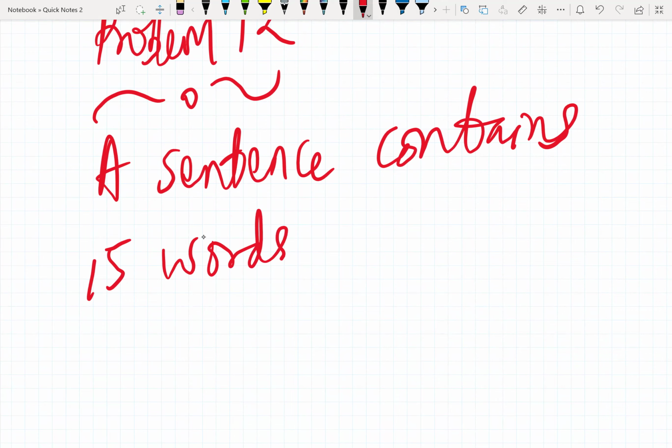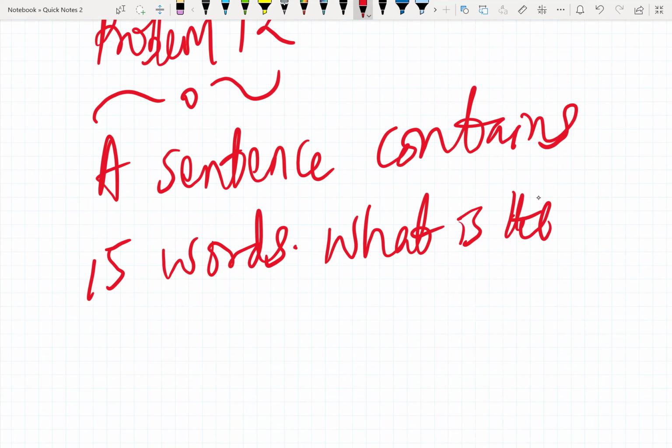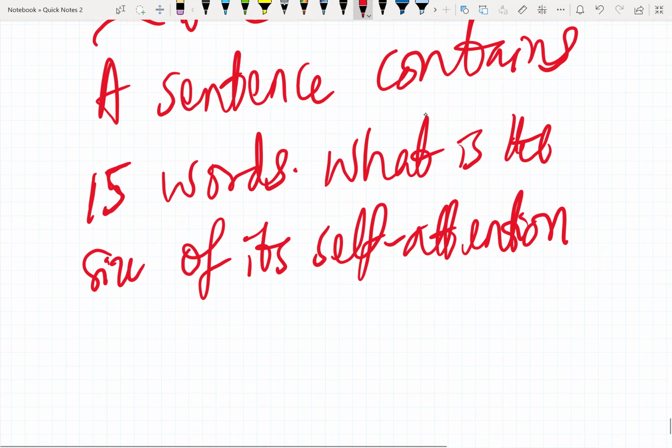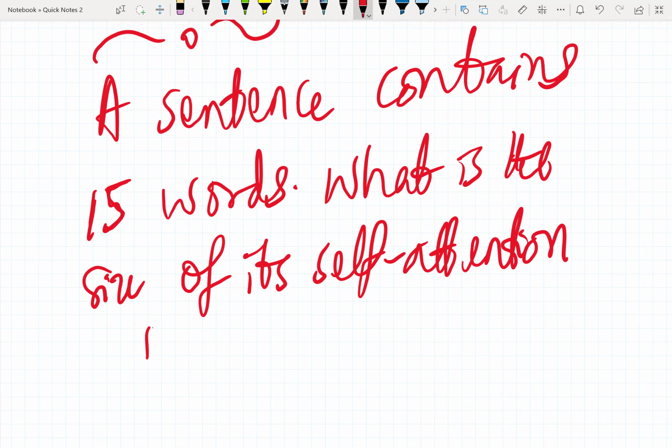I mean, this is pretty much for natural language processing. What is the size of its self-attention matrix? So like I said, self-attention means every word is related to itself and every other word.